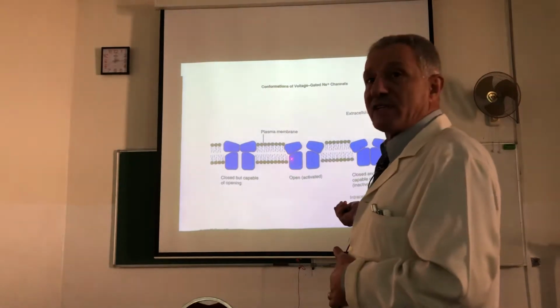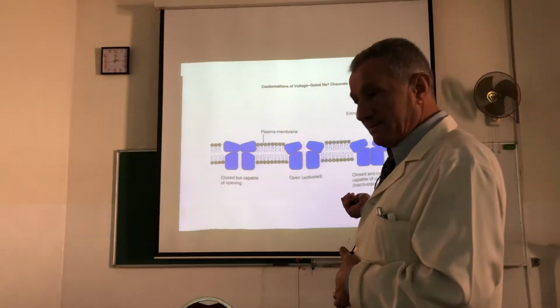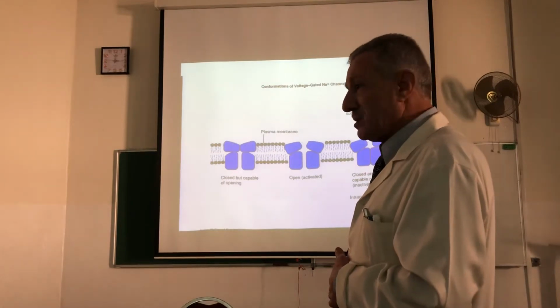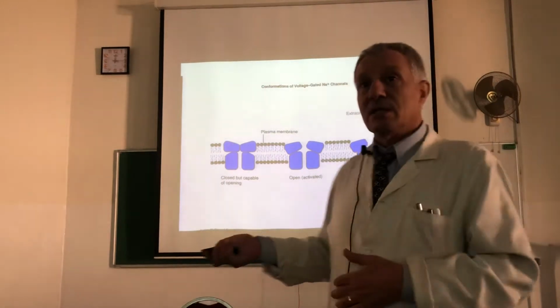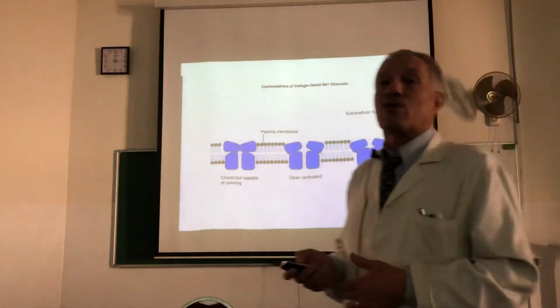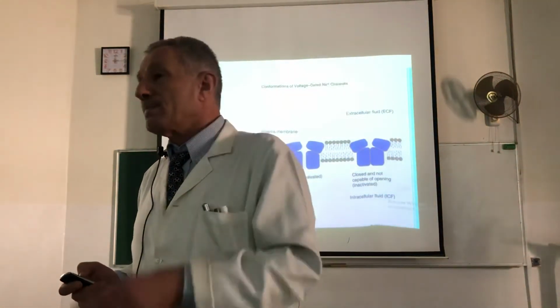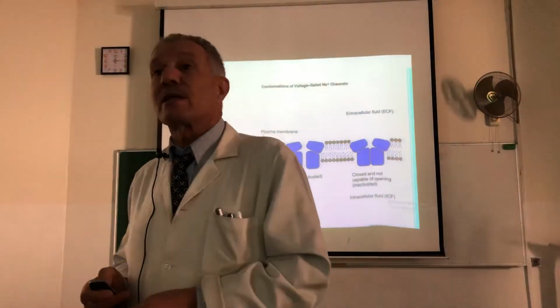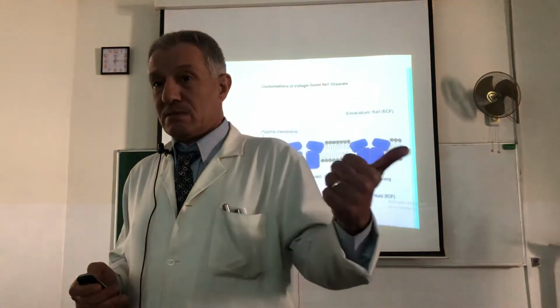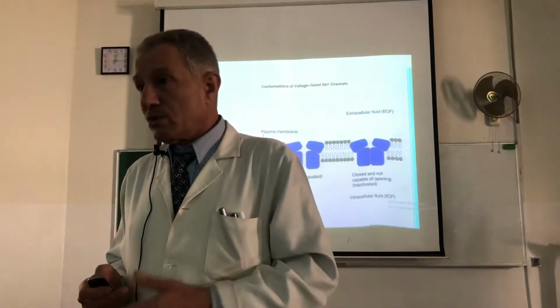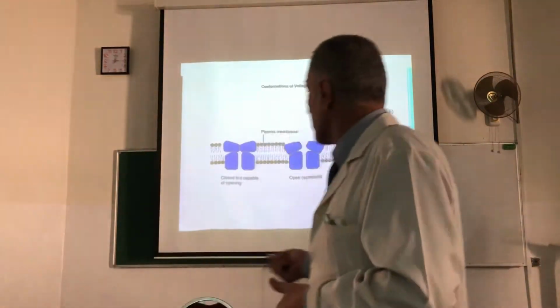Then once you have reached the threshold, they become open. During repolarization, they are closed and not capable of opening. And these 3 states define the 2 periods, if you remember them, the absolute and the relative refractory period.